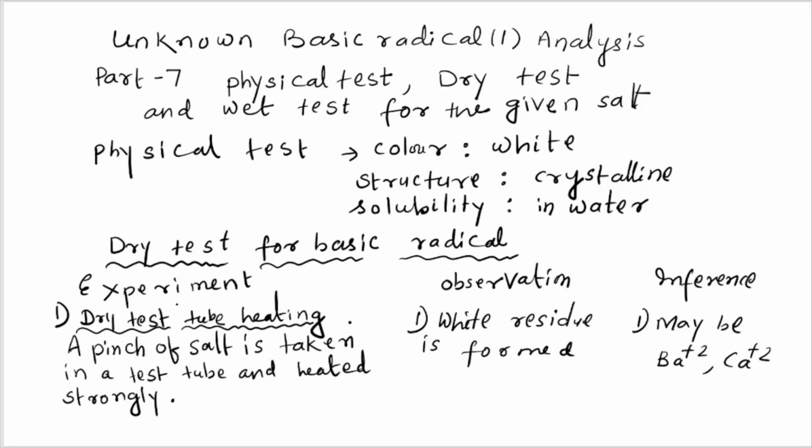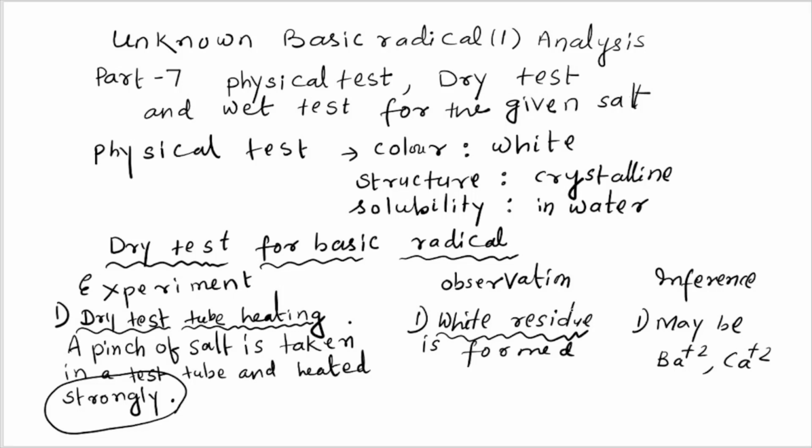What is the dry test? In the dry test so many tests are there, and the first very important point is dry test tube heating, where you take the salt in a dry test tube and heat it strongly. Remember, the given salt is crystalline in structure and white in color. So what are you getting? A white residue.